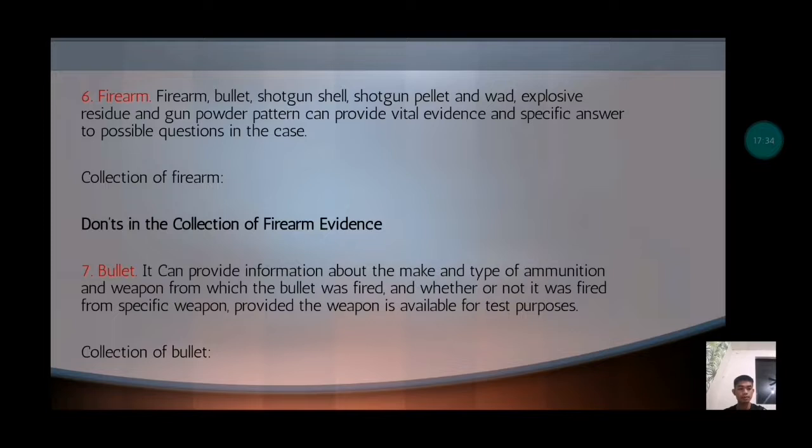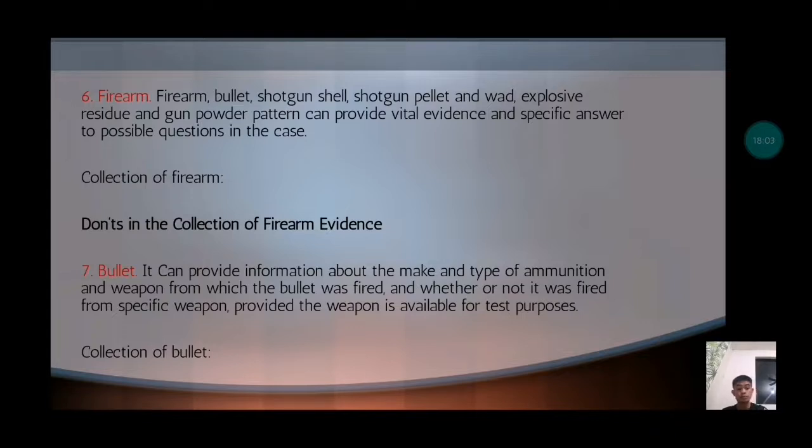Never pick up a weapon by placing a pencil or other object in the end of the barrel. Record the serial number. This is very important. Record the make, model, and caliber of the weapon, and mark it in some inconspicuous manner that does not detract from its value before sending it to the laboratory.